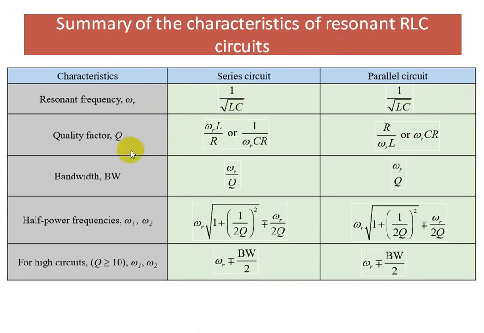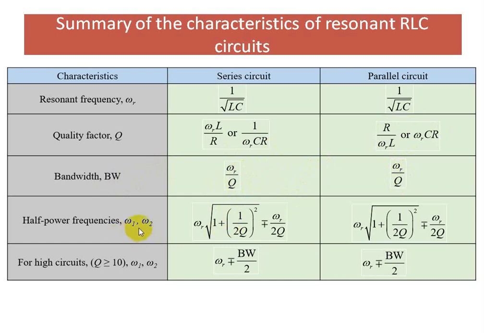Q factor for a series circuit is omega r L by R, or 1 by omega r C R. Whereas for a parallel circuit, it is the inverse of this, that is R by omega r L or omega r C R. Bandwidth, in both cases, is omega r by Q, but Q is different for series and parallel circuits.